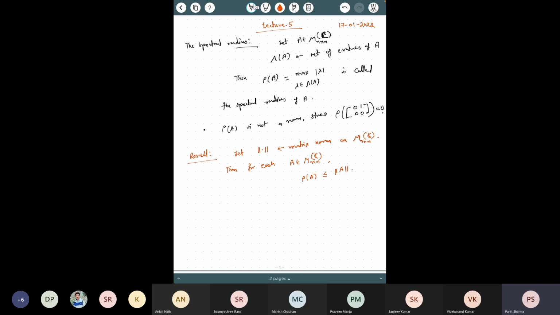So basically now you can see that rho A gives a lower bound for that set, but we will show that it is the greatest lower bound.